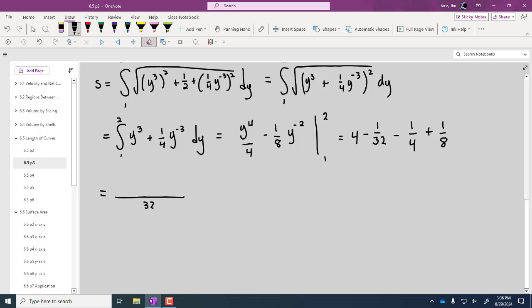So we're going to have, what, 128 minus 1 minus 8 plus 4. Over 32, that's 119, 123 divided by 32. If the arithmetic is right, we're there.